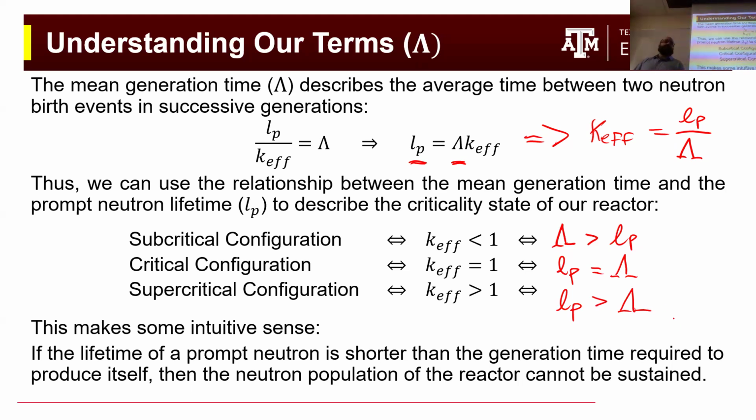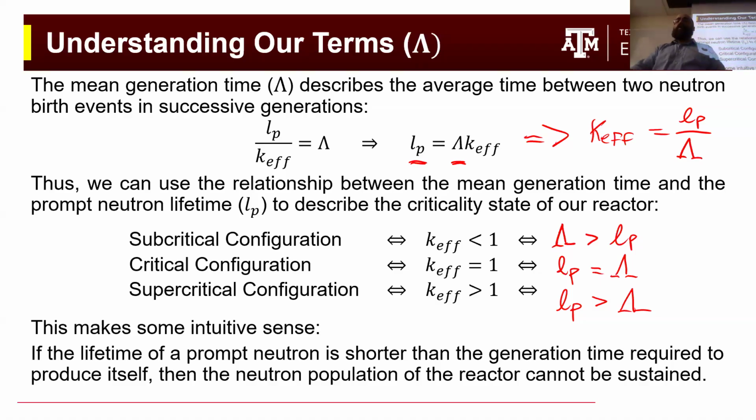So if I can tell you whether my reactor's critical, subcritical, or supercritical, you could also tell me how LP and the mean generation time compare. Hopefully we can think about that intuitively: if your prompt neutron time is shorter than the generation time, which is how long it takes for you to reproduce yourself, then you can't sustain a critical reaction.